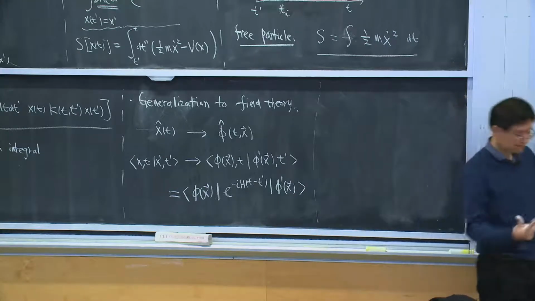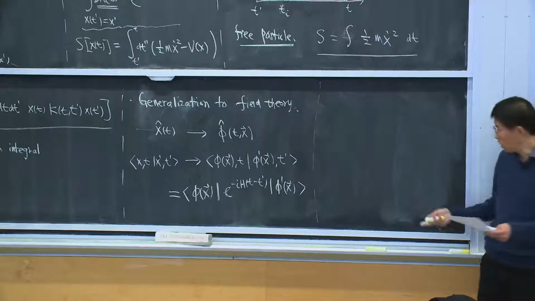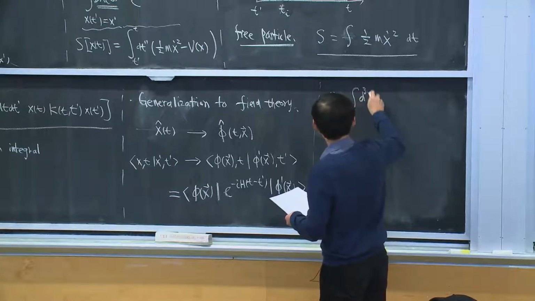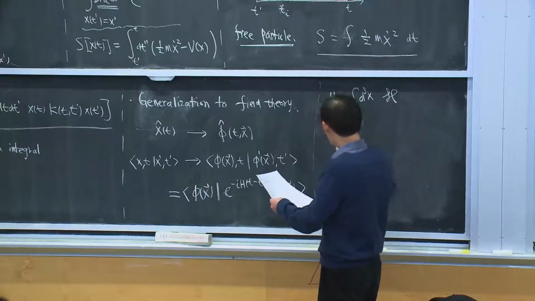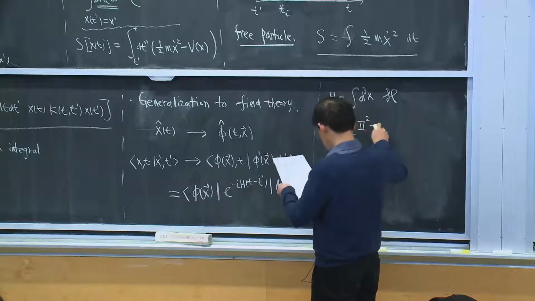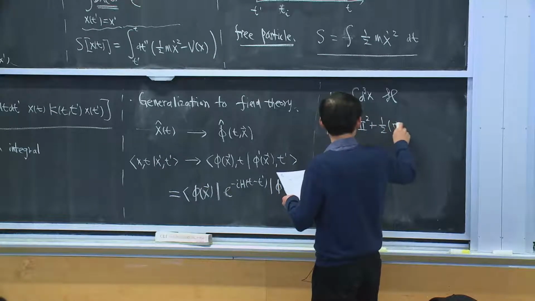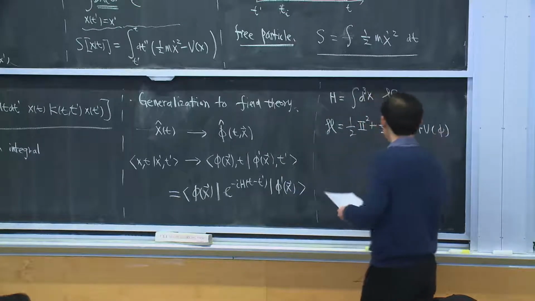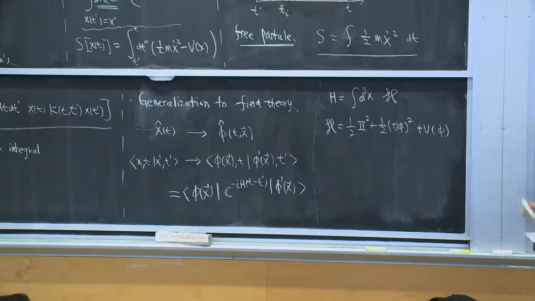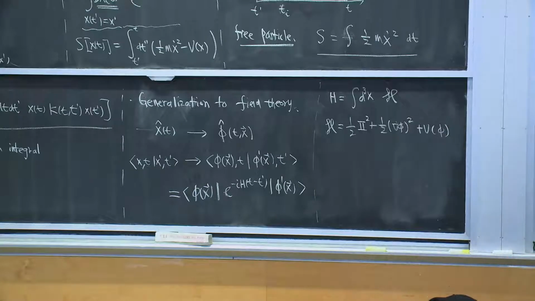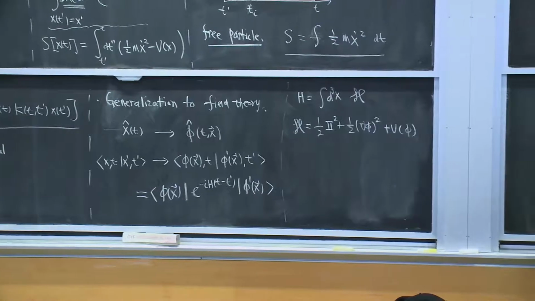Now H is, of course, the field counterpart, but the details of this do not matter. Say this is the Hamiltonian. You can just insert this here and repeat the same procedure. Just keep in mind that now you have an infinite number of degrees of freedom. That's the only difference.